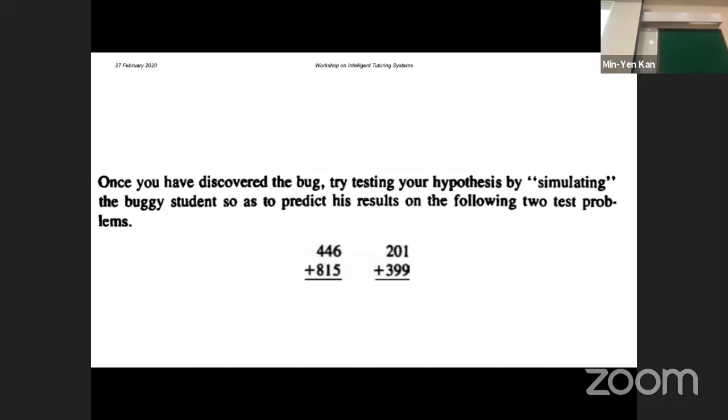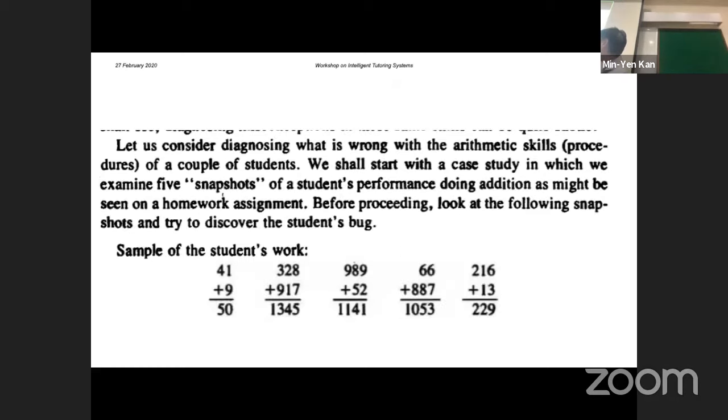The problem is when the student adds, right, there's a carry. The carry over, right? The student does not reset the carry. The carry is still always there. So at the third digit place, fourth digit place, they still use the carry to add to it. You see, there's a carry of 1, right? The next digit, you add one more, there's a carry of 1. But it doesn't reset the carry to 0.